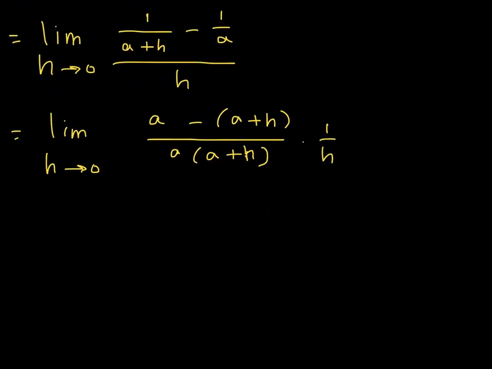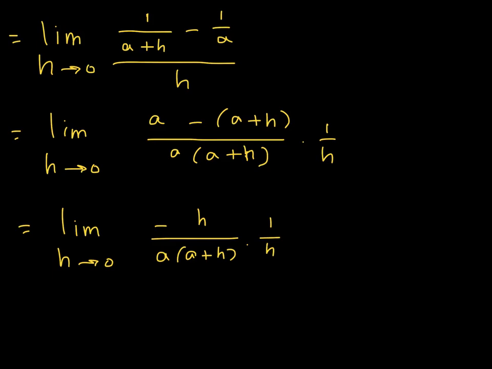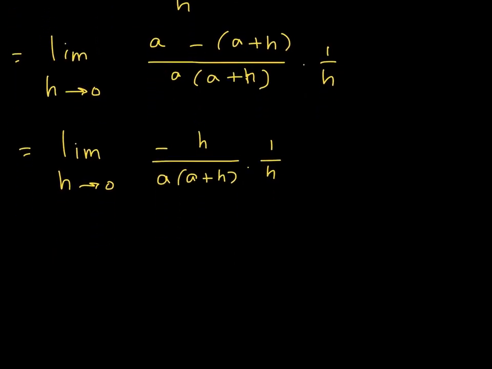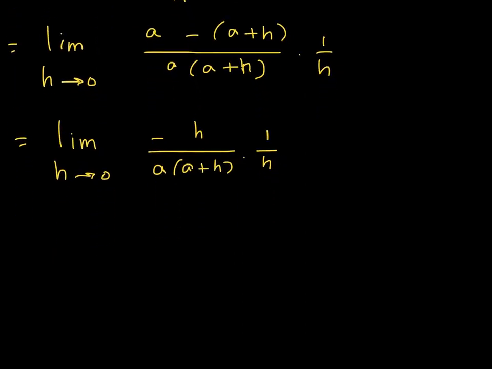So then this is equal to the limit as h goes to 0 of, let's see, negative h over this denominator times 1 over h. And now you should be able to see that these h's cancel out.